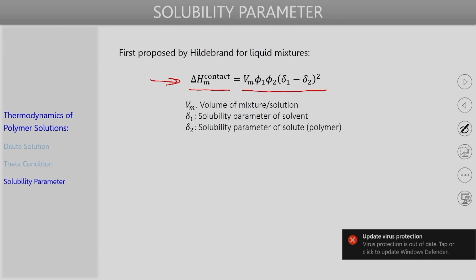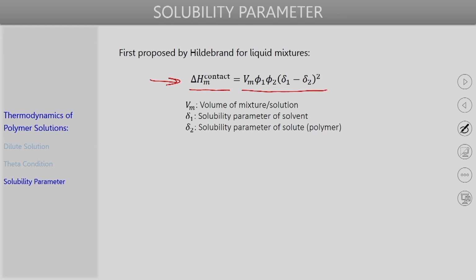Hildebrand proposed that this contact enthalpy of mixing can be expressed in terms of the volume of the mixture solution formed, as well as the respective volume fractions phi 1 and phi 2 of the two components, and the square of the difference of these two parameters, which are referred to as the solubility parameters of the two components.